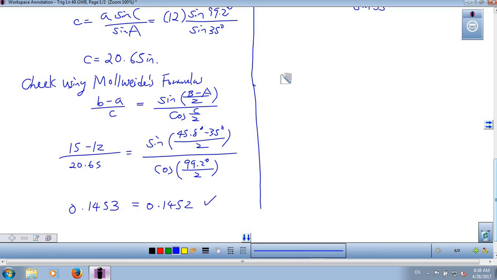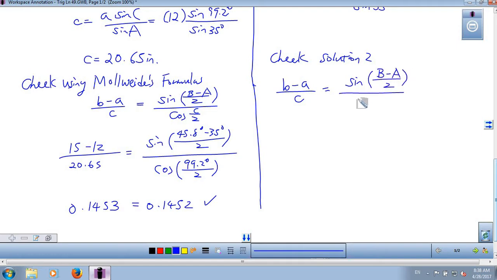Now let's go ahead and check our solution 2. Let's use the same formula. So we can use (b minus a) over c equal to sine of (B minus A) over 2, divided by cosine of C over 2.